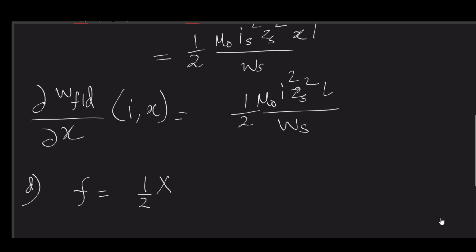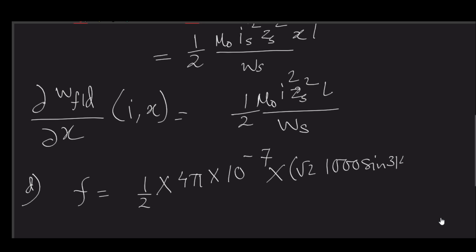Half into 4 pi into 10 to the power minus 7 into I value, which is given there. I is root 2000 sine 341 t, squared.